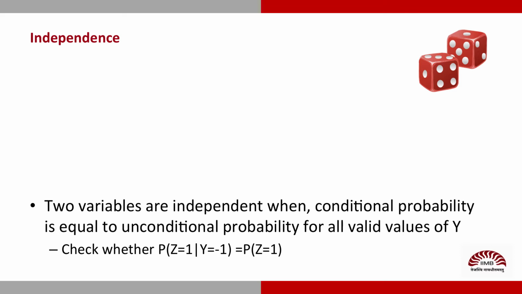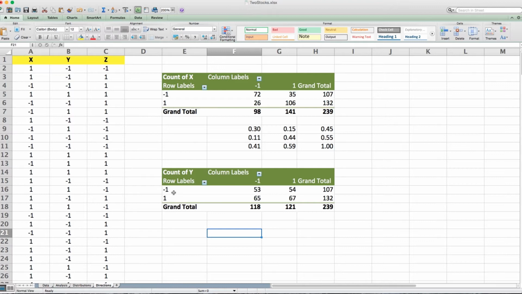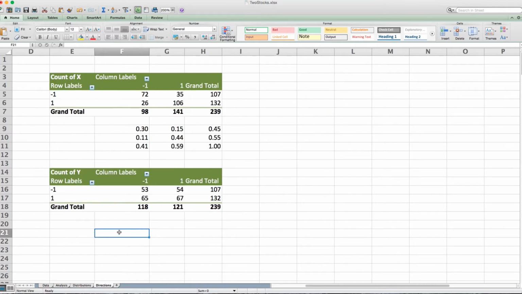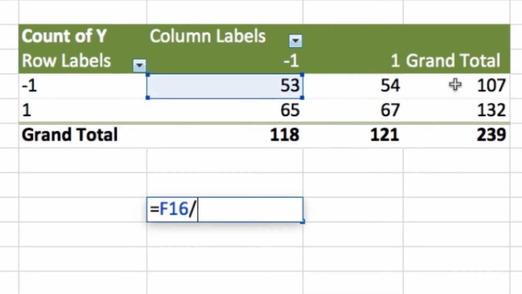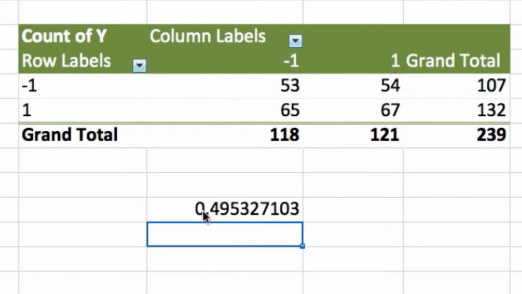Here's an equivalent definition. Starting with the contingency table, we can build a conditional distribution for Z given Y. We fix a value of Y and look along the row, and then we get our conditional probabilities. Our first entry here is equal to 53 divided by 107, which we fix via the column.